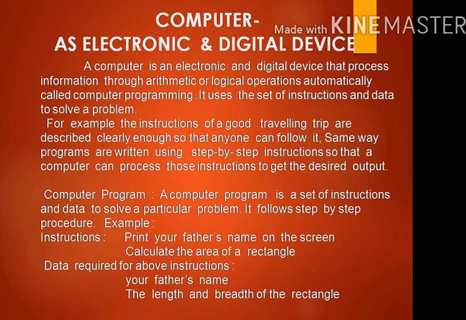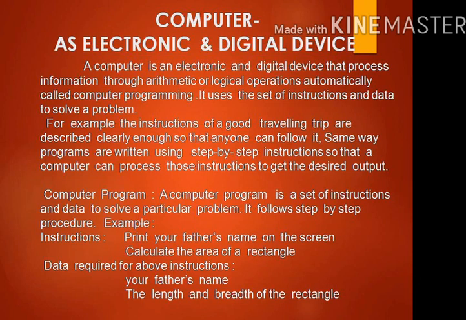Same way, programs are written using step-by-step instructions so that a computer can process those instructions to get the desired output. What is computer program? A computer program is a set of instructions and data to solve a particular problem.